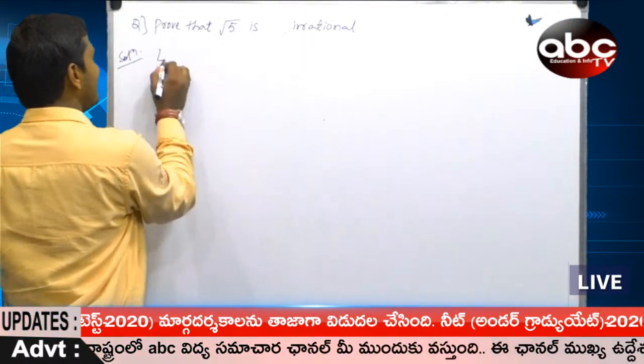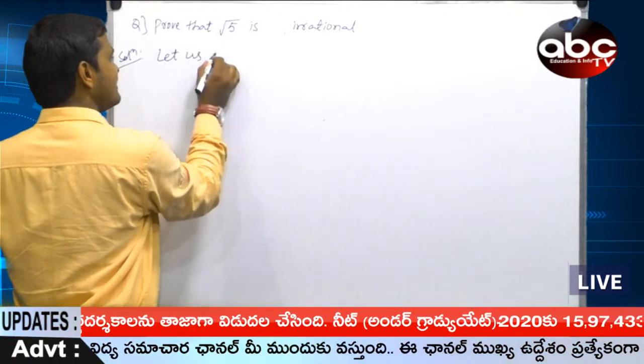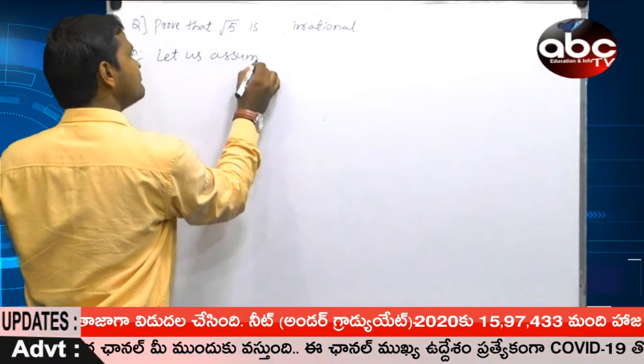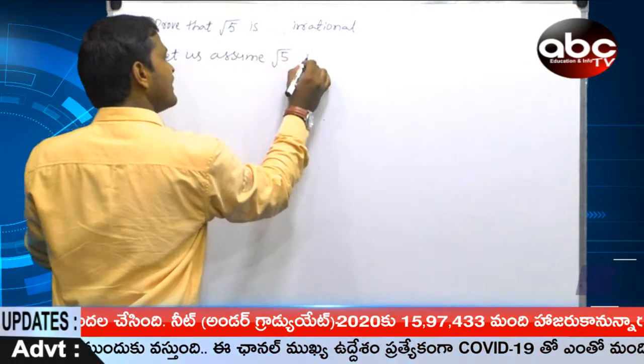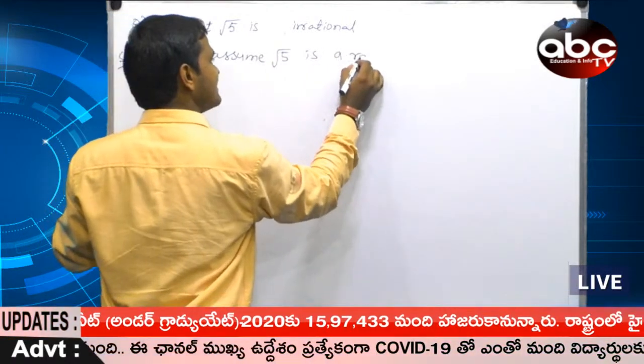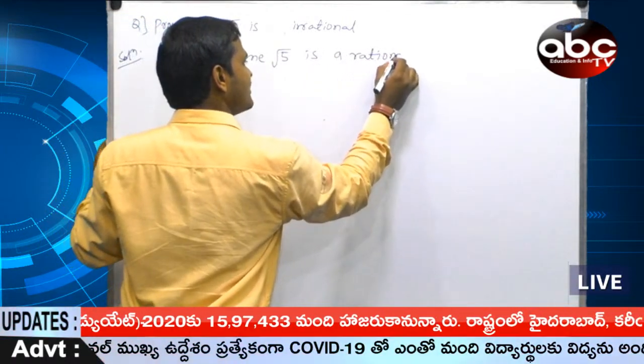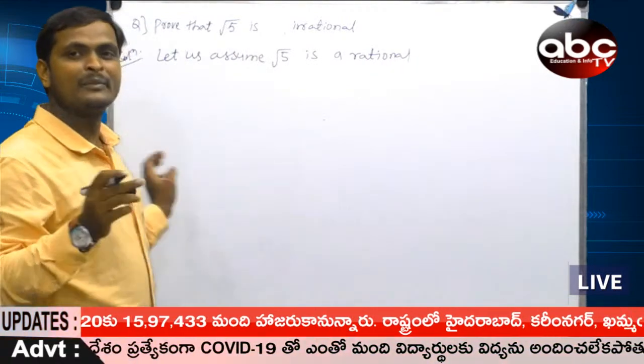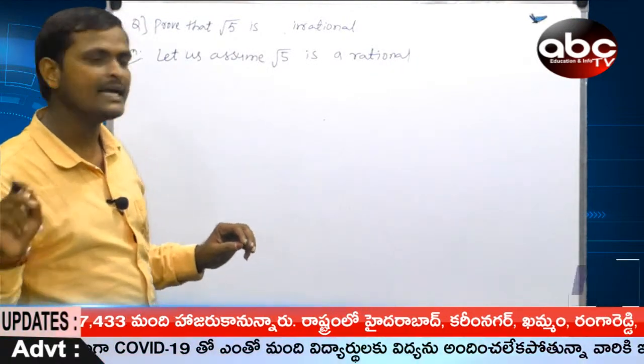First, let us assume root 5 is rational. Students, already you know what is rational? The numbers which are in the form of p by q.